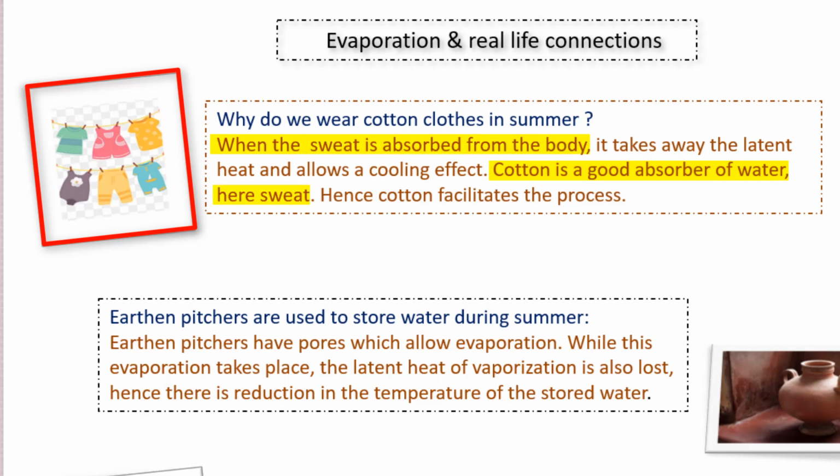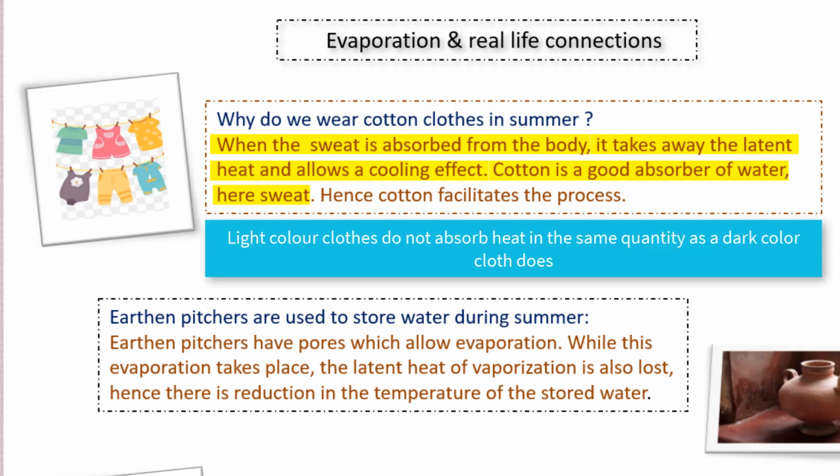Hence, cotton dresses allow a lot of water and the latent heat of our body to get vaporized. So, we prefer wearing cotton clothes in summer. And why do we wear light colored clothes? That's just because light colors do not absorb heat in the same quantity as dark colored cloth does.